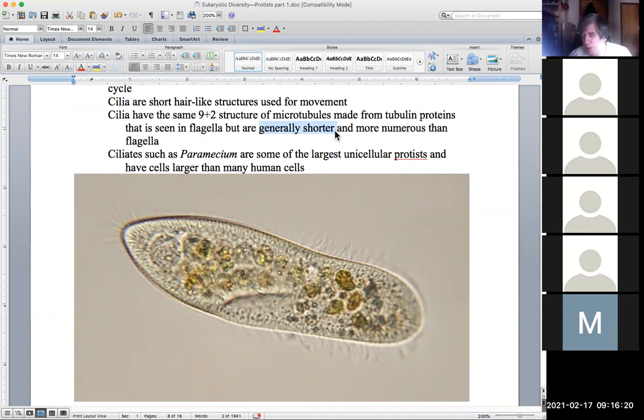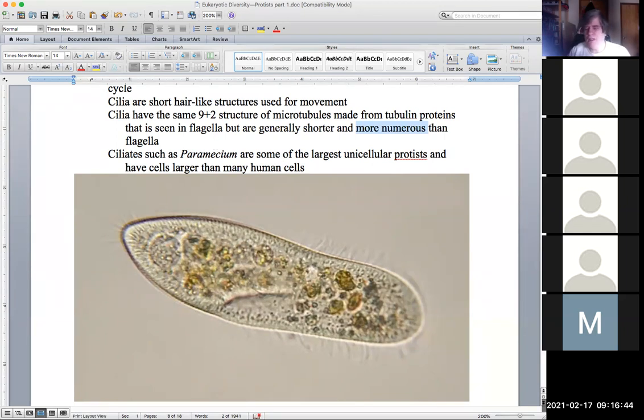Cilia are generally shorter than flagella. Cells that have cilia usually have lots of cilia. Paramecium typically has hundreds, sometimes thousands. Cells with flagella, excuse me, usually have maybe one, sometimes 4 or 5, but they don't have hundreds of flagella.